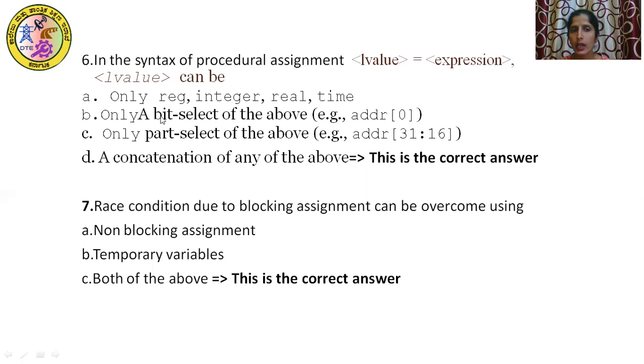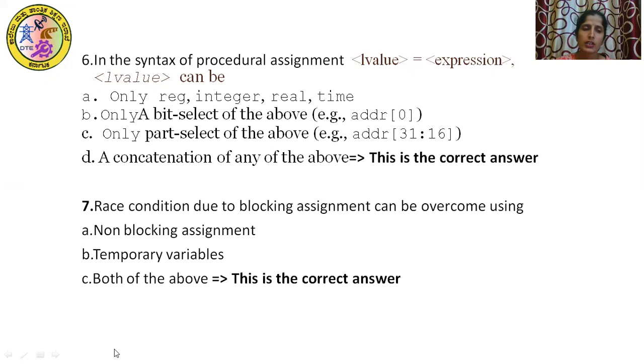Whether they can take only register, integer, real, time type variables, only a bit select of the above, only part select of the above, or a concatenation of any of the above. So L value can take any of these, that is, it can take a concatenation of any of the above. So this is the correct answer.